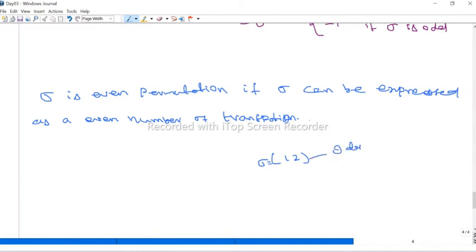Otherwise, if a permutation can be expressed as an odd number of transpositions, we call it an odd permutation. If a permutation can be expressed as a product of an even number of transpositions, we call it an even permutation. But the theorem says any permutation can be expressed as a product of transpositions.